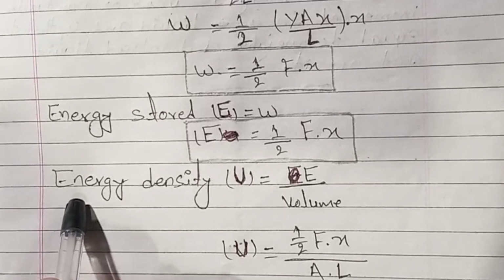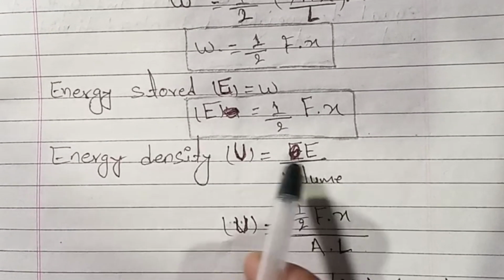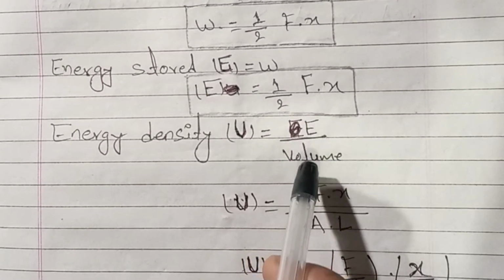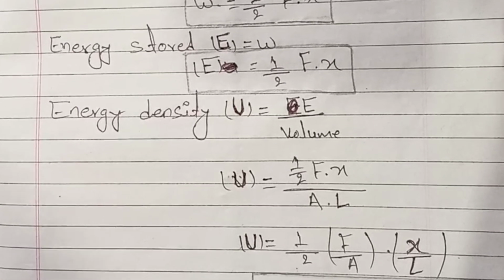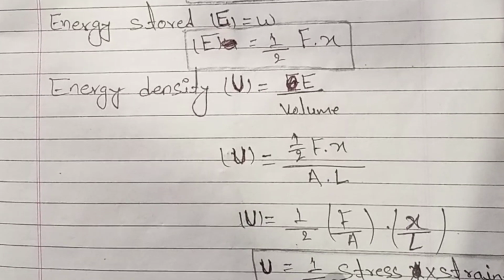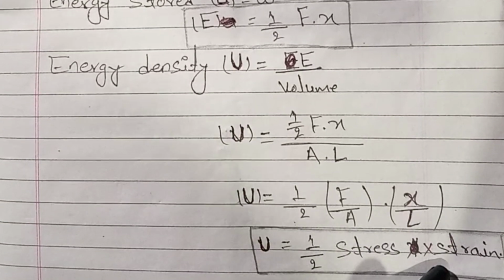Next formula, energy density U is equal to E by volume. Calculate this formula. The last one is 1 by 2 stress into strain. This is the result of this formula. So prove that.